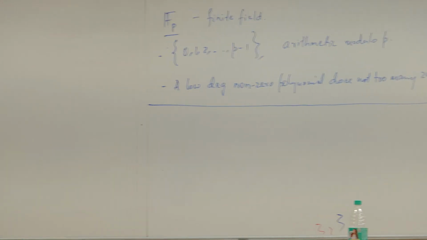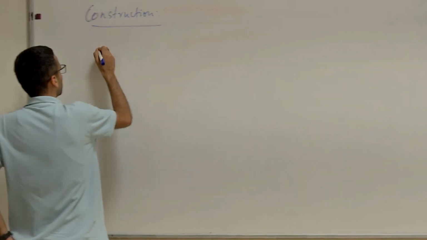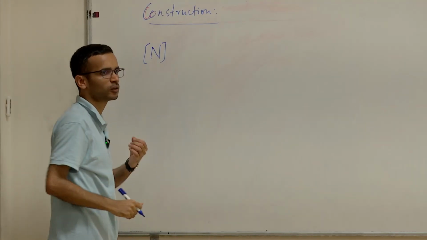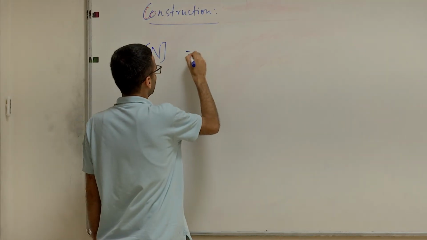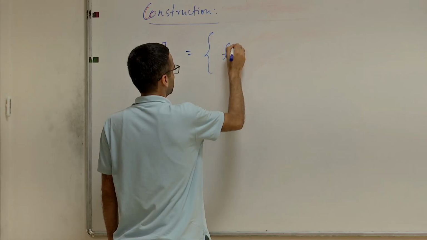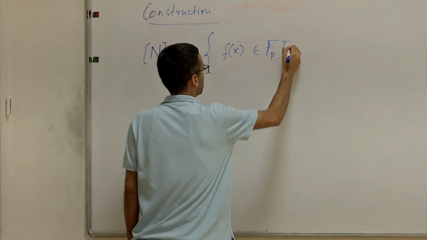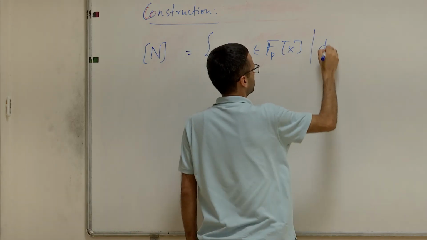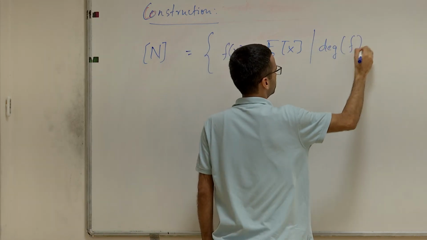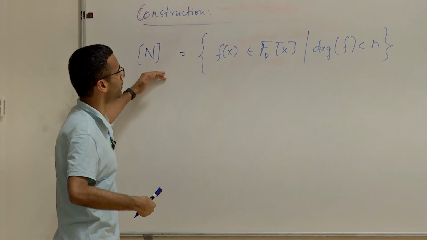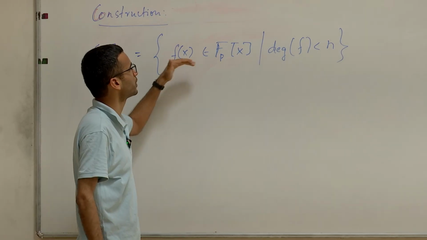Great. So here's the construction. We are going to identify the set N, the set of vertices on the left hand side, with the set of all polynomials.